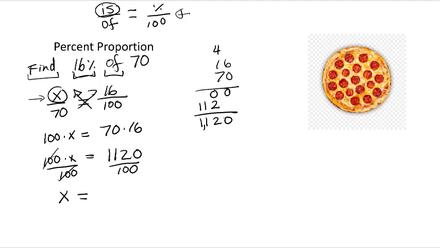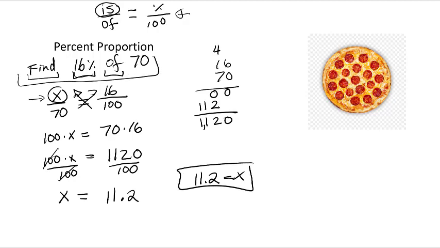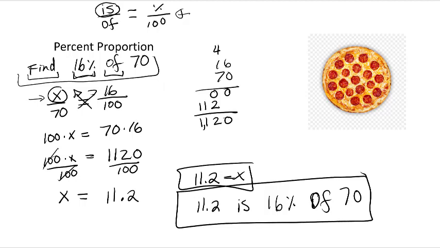But since we have to divide by another 10, because we're dividing by 100, we'll actually get 11.2. So 11.2 is our x, right? And if we want to write it in a full sentence, we find that 11.2 is 16% of 70. And that is the full answer.